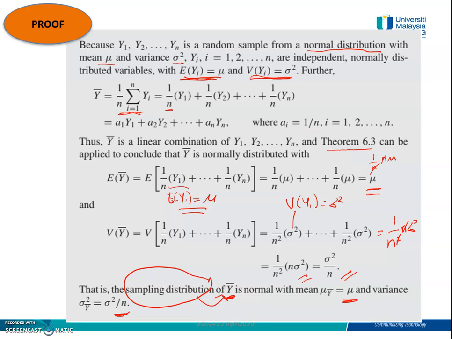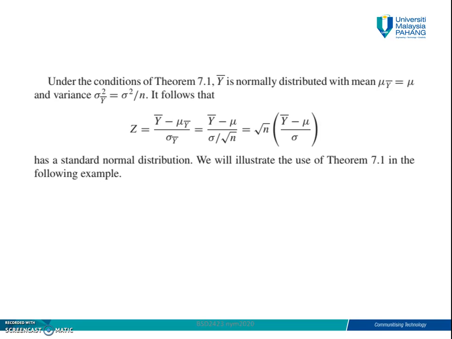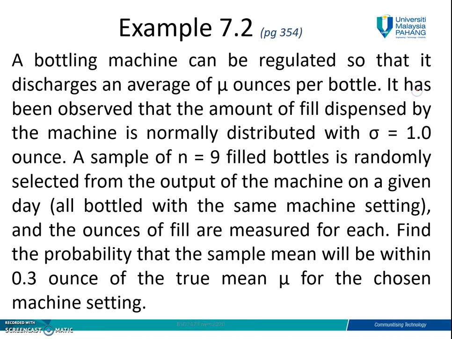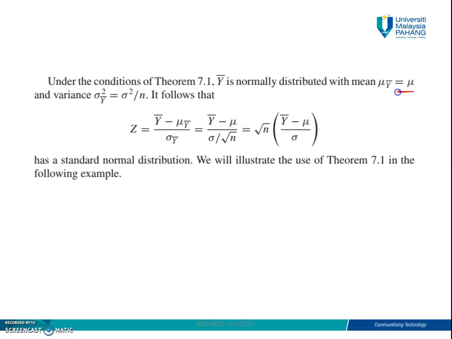By using the previous theorem, by using the linear combination, you can prove that Y bar also follows a normal distribution with mean equal to mu and variance equal to sigma square over n. Under the condition of theorem 7.1, you know that Y bar follows a normal distribution function with mean mu and variance sigma square over n.